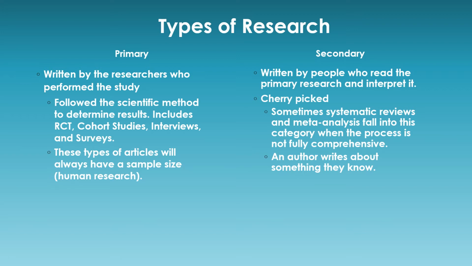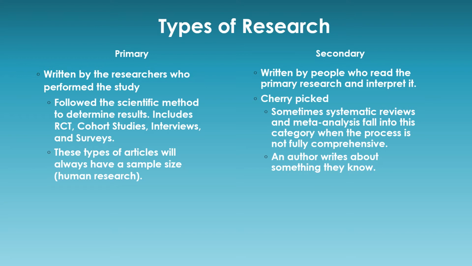They use statistical data and they determine the overall concept or the overall answer to each of those studies. They put them all together and they give you what all of them mean. And so a meta-analysis really falls into both primary and secondary because they don't actually perform the individual studies, but they're kind of performing a study.